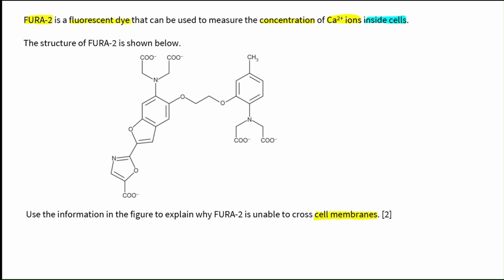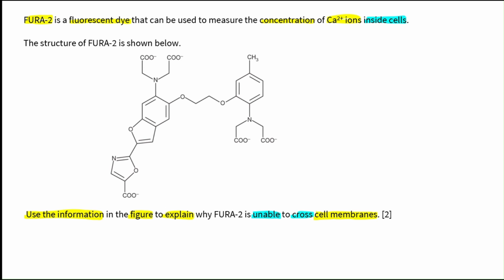Now the question says using the information in the figure, and this is important whenever they say that, use the information in the figure to explain why, in this case, this molecule is unable to cross the cell membranes. So that means they've given you some hints here.